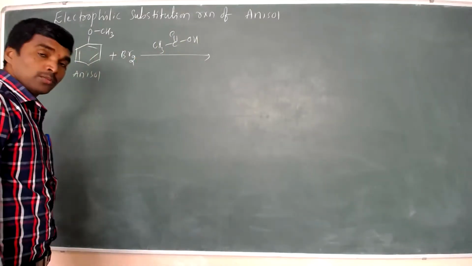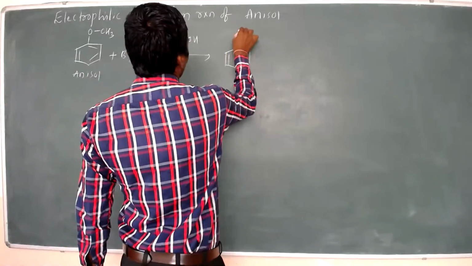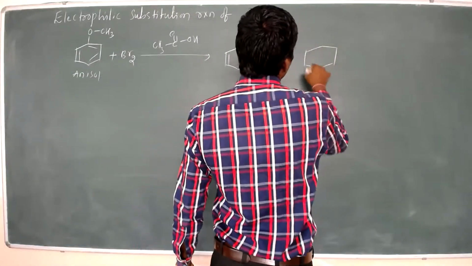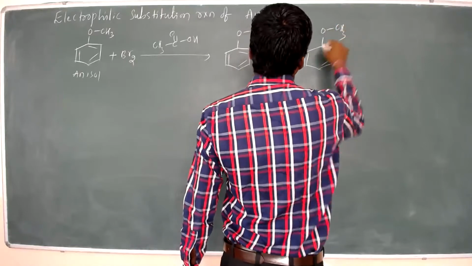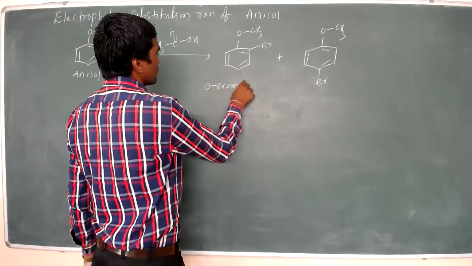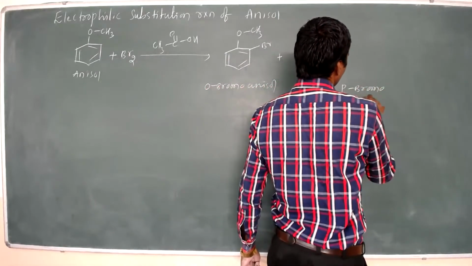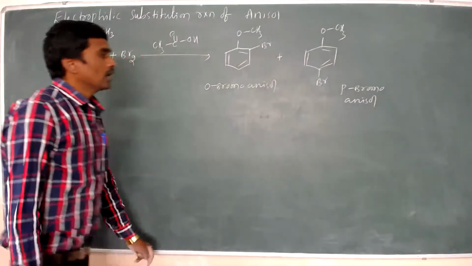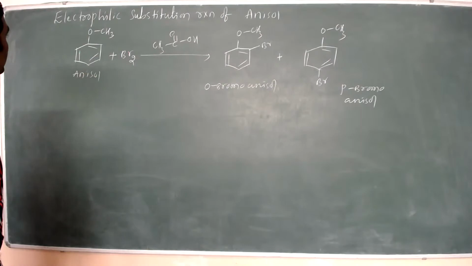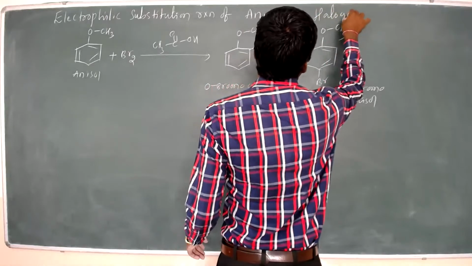So here ortho-bromoanisole and para-bromoanisole will be formed. Okay, so this is the halogenation reaction, the first one.